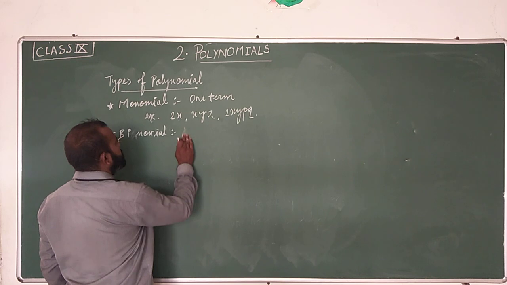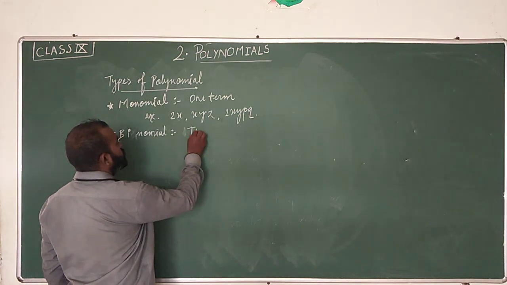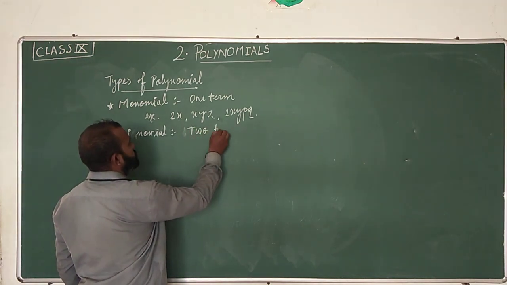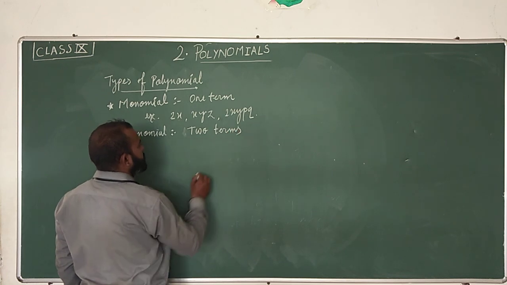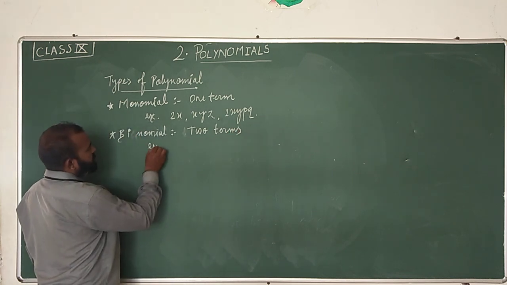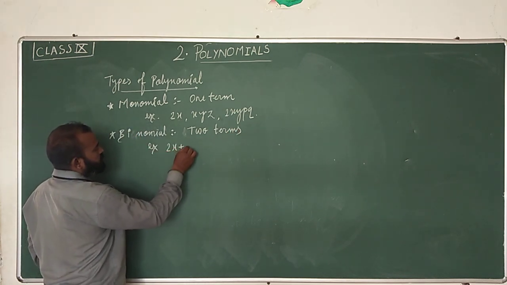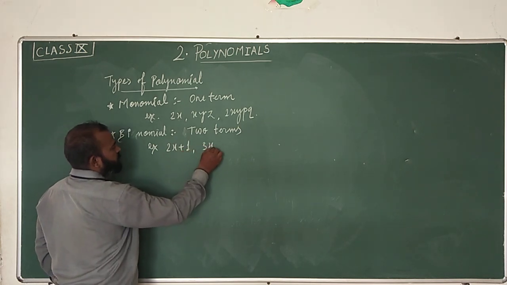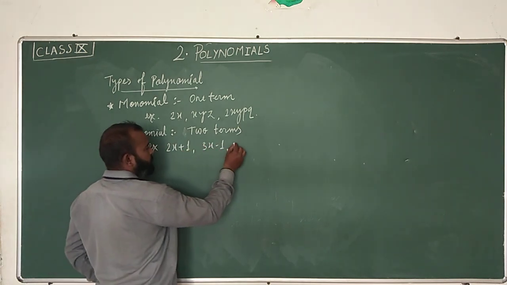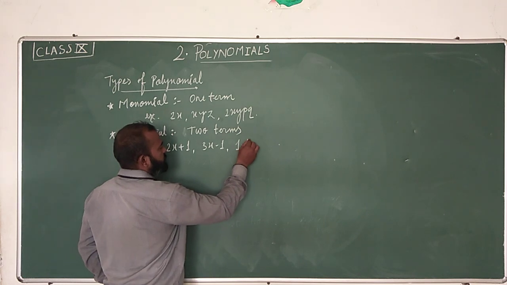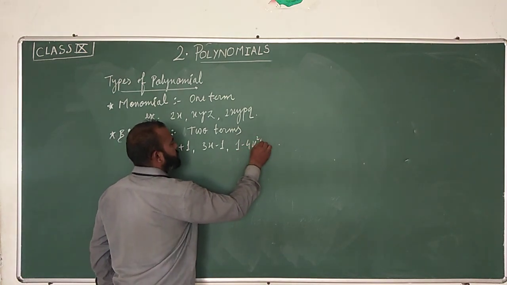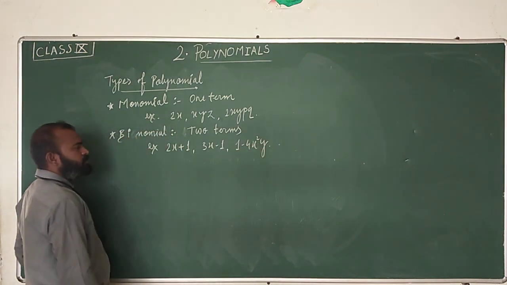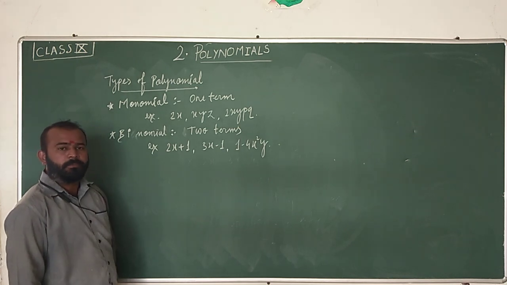So it will be having two terms. ठीक है? अब टू टर्म्स के लिए एग्जांपल क्या आएंगे? तो 2x plus 1, 3x minus 1, okay? 1 minus 4x square y. These are the examples of binomial.